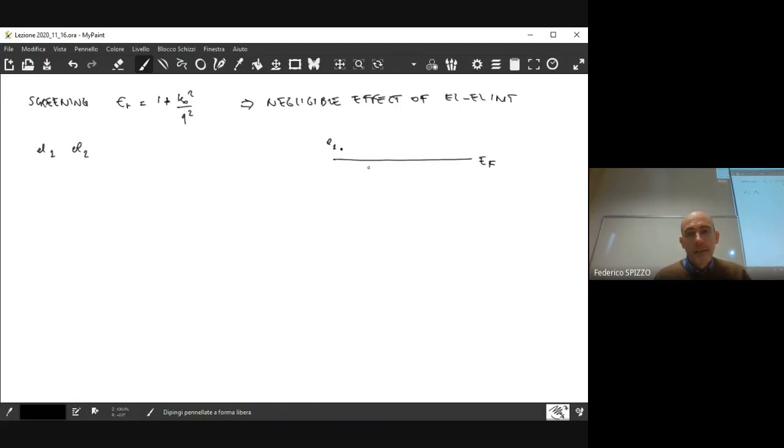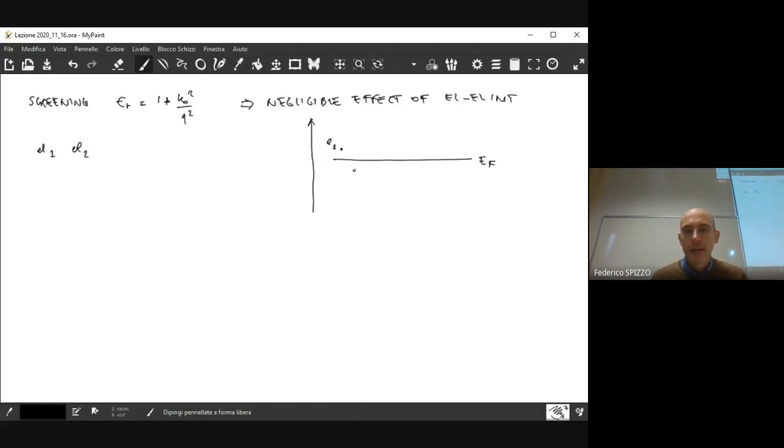Electron E1 is interacting with another electron belonging to the Fermi sphere. So the energy increases in this way. Electron 1 has an energy that is slightly larger than EF. Electron 2 will be an electron belonging to the Fermi surface, that is within the Fermi surface.